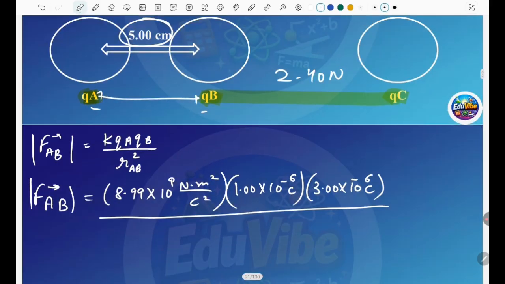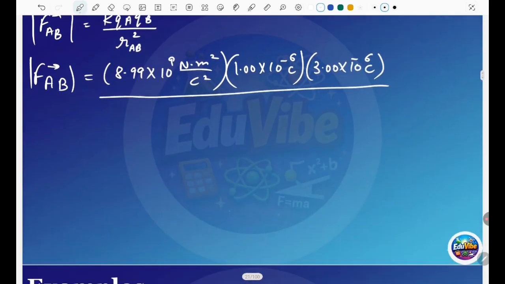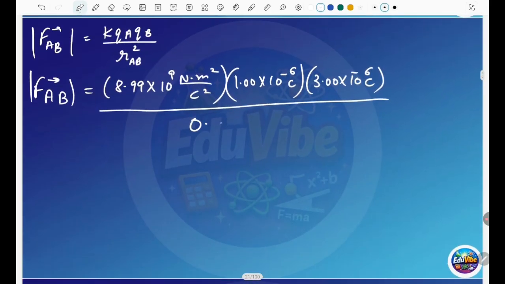We have to take the distance in meters, because it is given in centimeters. When we divide by 100, we get 0.0500 meters. We have to take care of this.